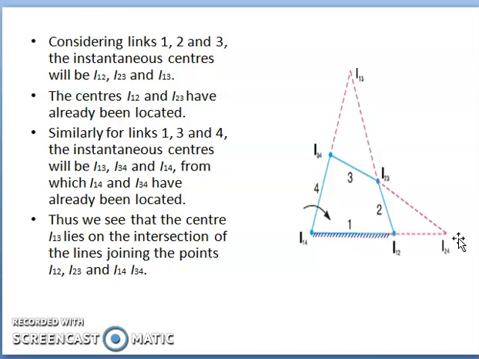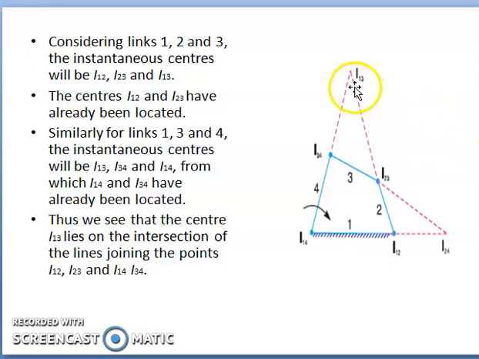Now we can follow the same to find out the instantaneous center I13. So you have to take a combination of three links and it has to include 1 and 3. So the first combination will be links 1, 2 and 3. The other combination will be links 1, 3 and 4.